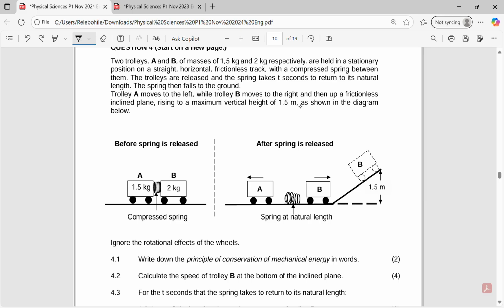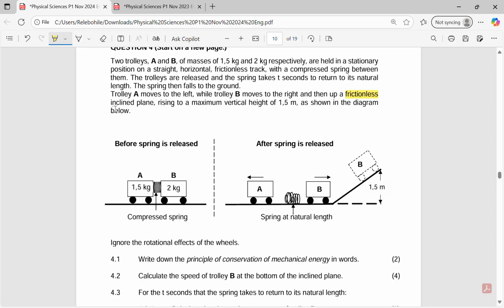What we need to remember in this particular situation is that they've told us our trolleys are moving, or rather let's talk about trolley B since it's what we are concerned about. They are saying here that trolley B moves to the right and then up a frictionless inclined plane.